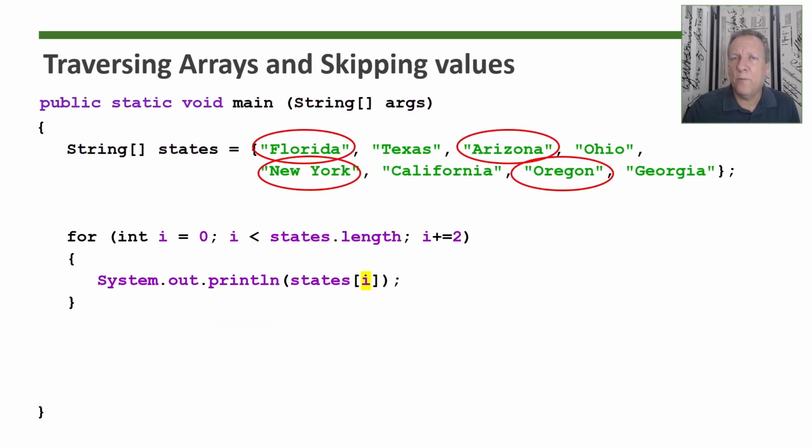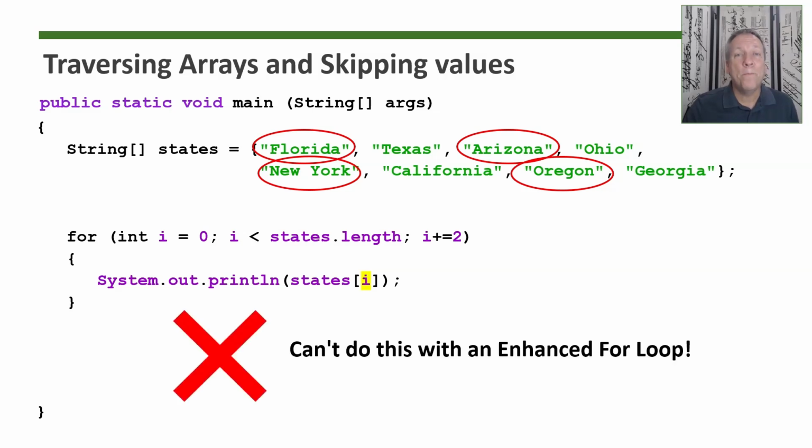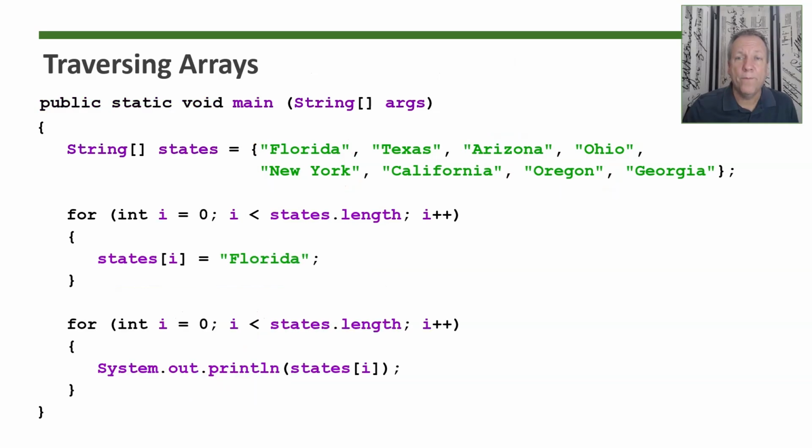What about this example that I did last time where I only wanted to print out every other state and skip around? I used i equals i plus 2, or i plus equals 2, in my for loop, but I can't do that with an enhanced for loop. Again, an enhanced for loop starts at the beginning and visits every element within my array. So there are some limitations there.